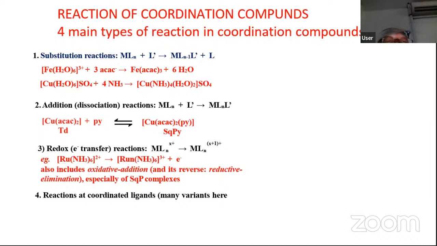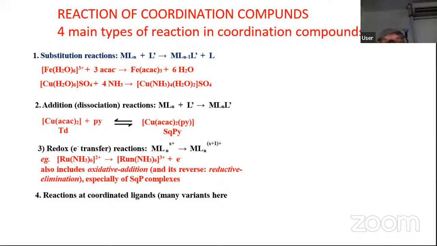Okay, so ammonia, we replace the water molecule, and 2 water molecules will leave the complex, leaving only 2 water molecules. So this is a replacement reaction or substitution reaction. And the nature of the complex remains the same.